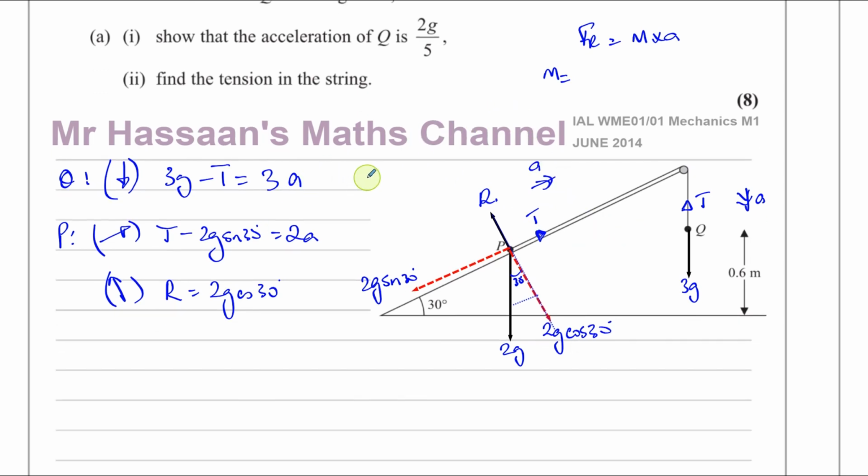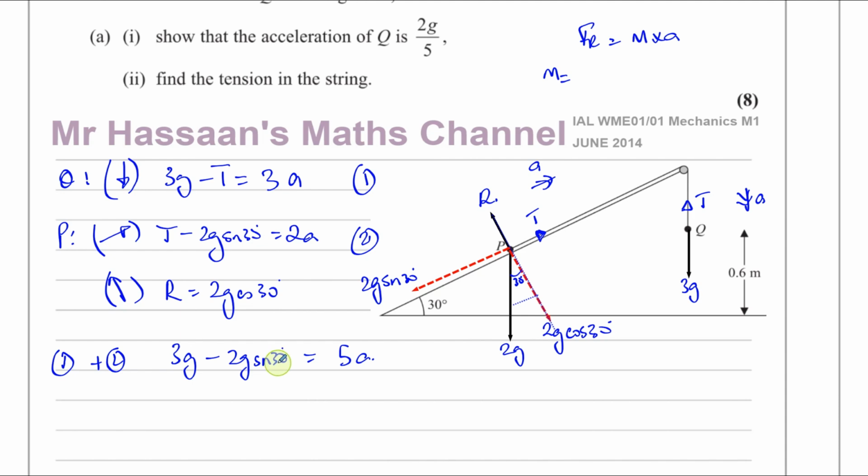So I can combine these two equations together. I can add the two equations together because then the T will be eliminated and we'll be able to find the acceleration. If I add these two together, the T's are eliminated because you've got minus T plus T, which is 0. So you have 3g minus 2g sine 30 is equal to 5a.